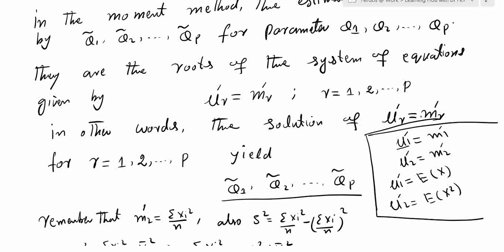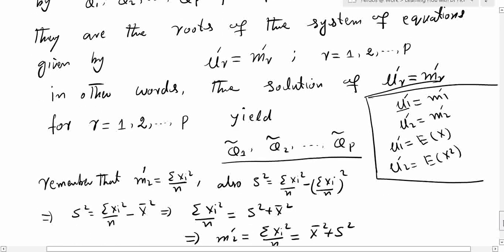This means we will have p equations if we have p parameters, and when we solve those equations, we get the parameters. So these are the moment method estimates of the parameters theta 1, theta 2 up to theta p.